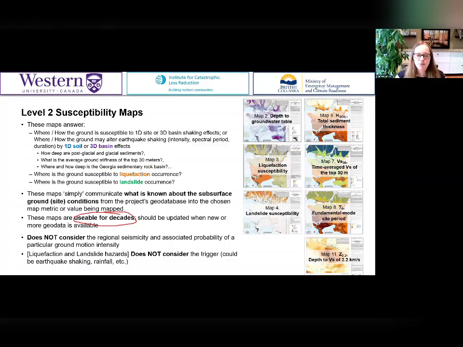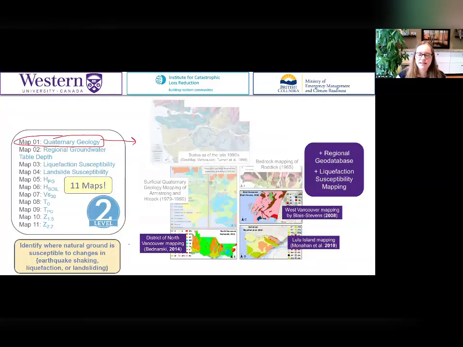So, hammering home the fact that we are not considering the input of the shaking intensity at this point. It's just trying to express if the ground is susceptible. So we need to start with understanding what the material properties are like in the subsurface, or what the geology is.